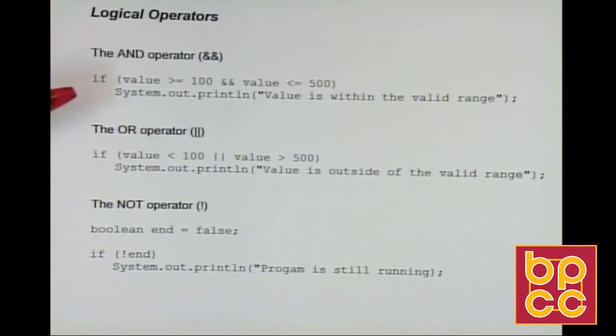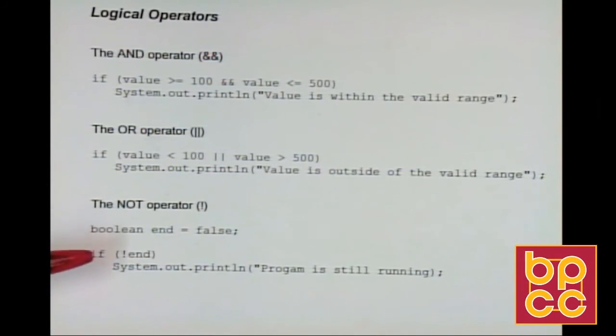Then finally, you have the NOT operation. The NOT operation is the reverse of the standard if, where the standard if says if end equals true, then do this. Here, this says if not end, meaning if not end equals true, which means it's the reverse, meaning if end equals false, then this statement will run.